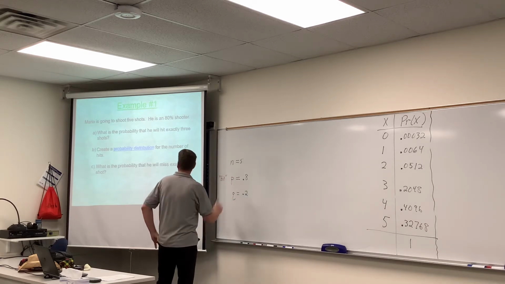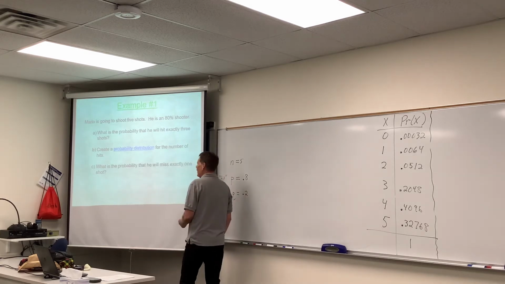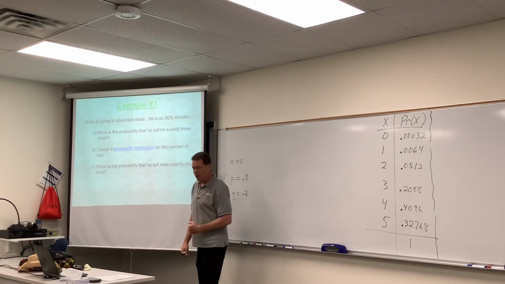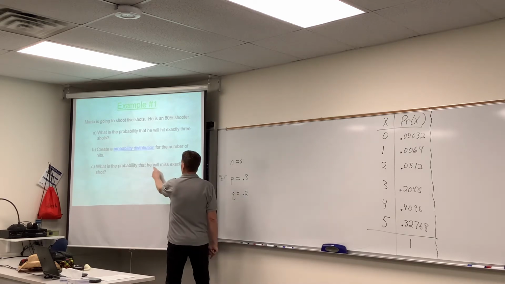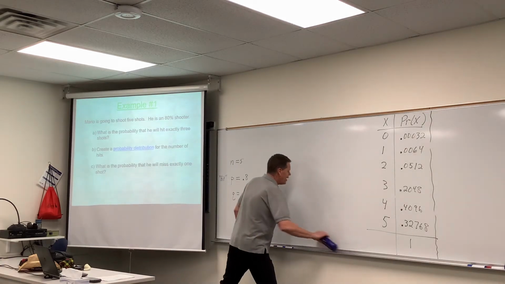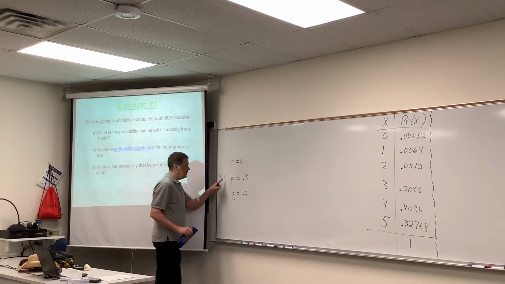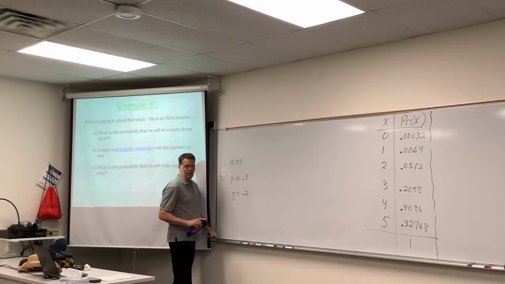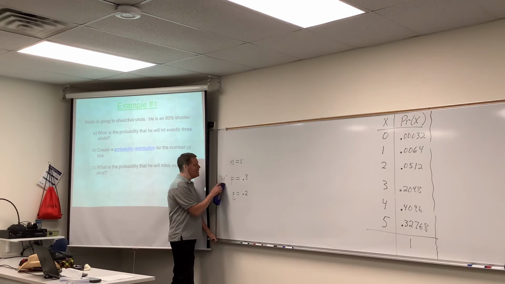But here's the deal. When we get to part C, and again, you will have the PDF in front of you, it says, what's the probability he will miss exactly 1 shot? Miss! Look at that. So when they talk about missing shots, you know what that does? That changes the definition of success into missing a shot.